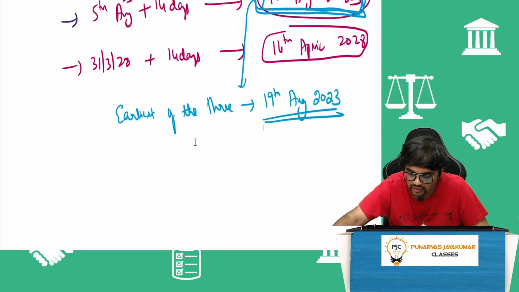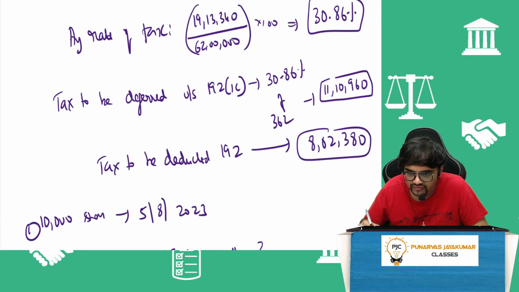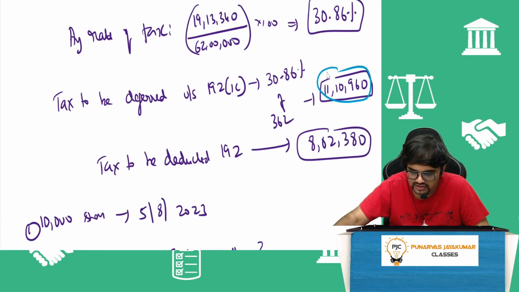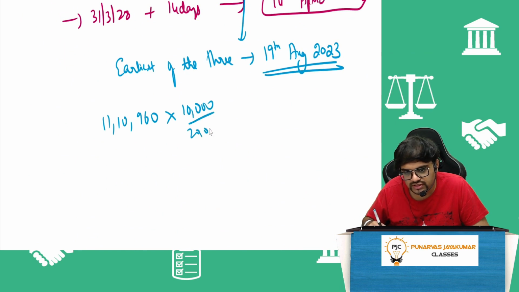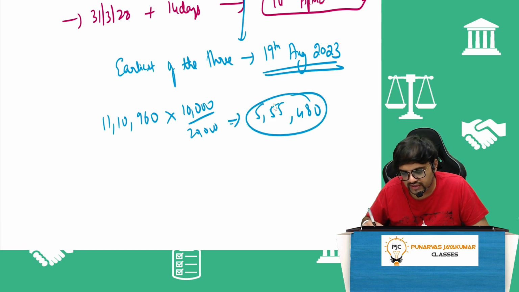What was the entire amount to be deducted, guys? Tax to be deferred 11,10,960 was actually for 20,000 shares. So it should be divided: 10,000 shares out of 20,000 shares is being sold. So 5,55,480 has to be deducted.